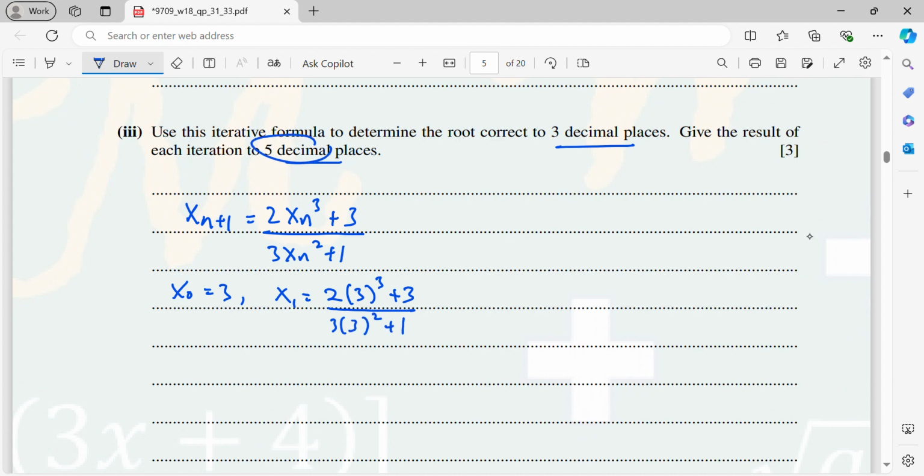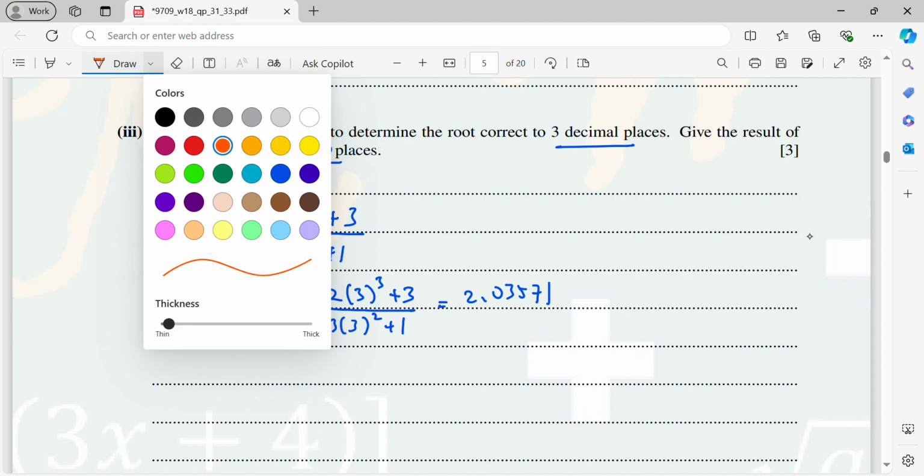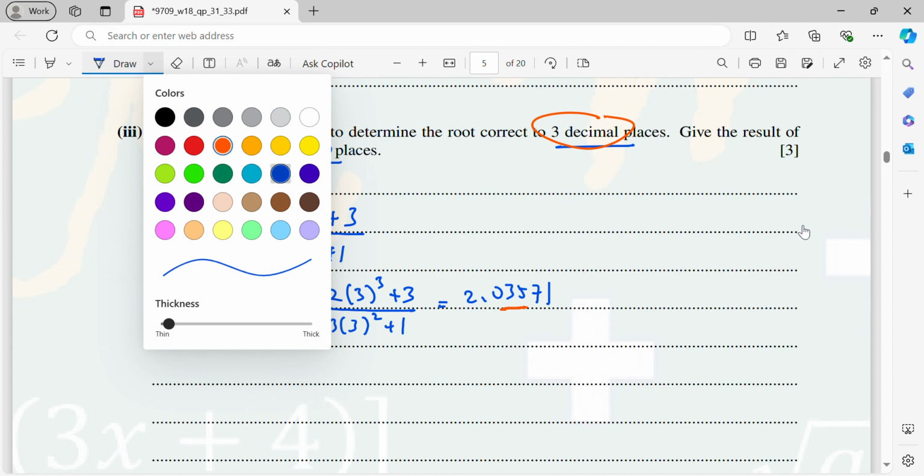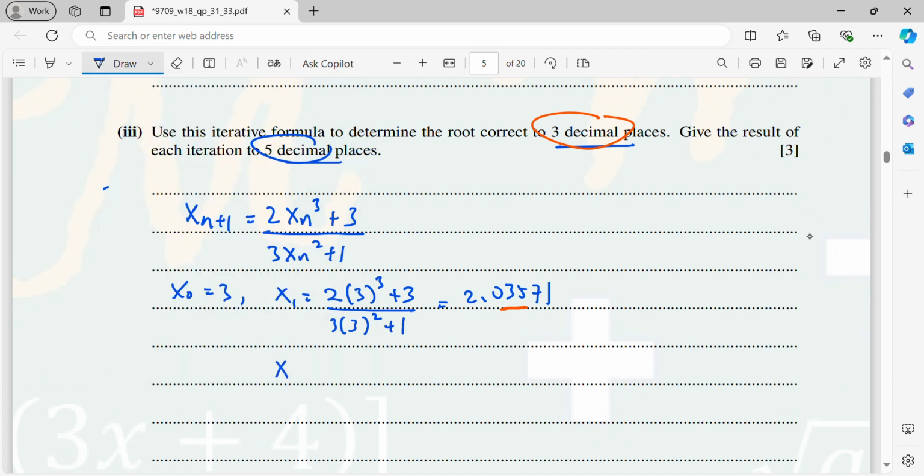Now 5 decimal places for the working. So this is 2.03571. For the final answer, 3 decimal places, that means you should get the same 3 decimal places, and only then you stop the calculation. Obviously they are not the same, so just continue. x2 is 1.47945.